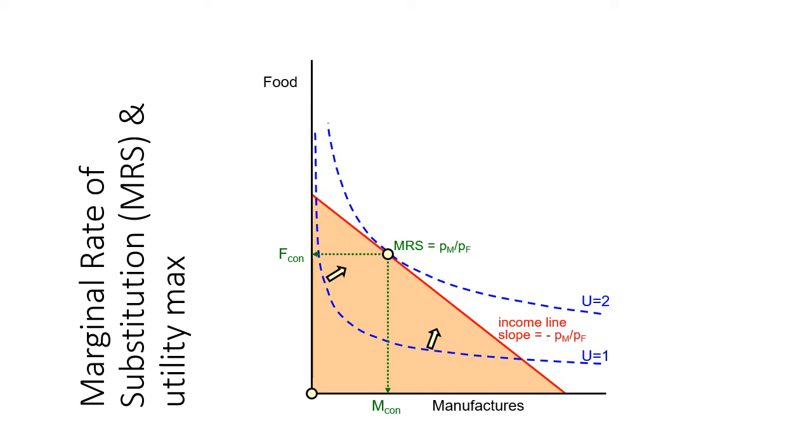That is the most important thing you need to take into consideration. Then you also need to know what the gradient of the utility curve is. The gradient of the utility curve is the marginal rate of substitution. What is important about this? Unlike the income line, which has a fixed slope, because the utility curve is convex, it has a variable slope.